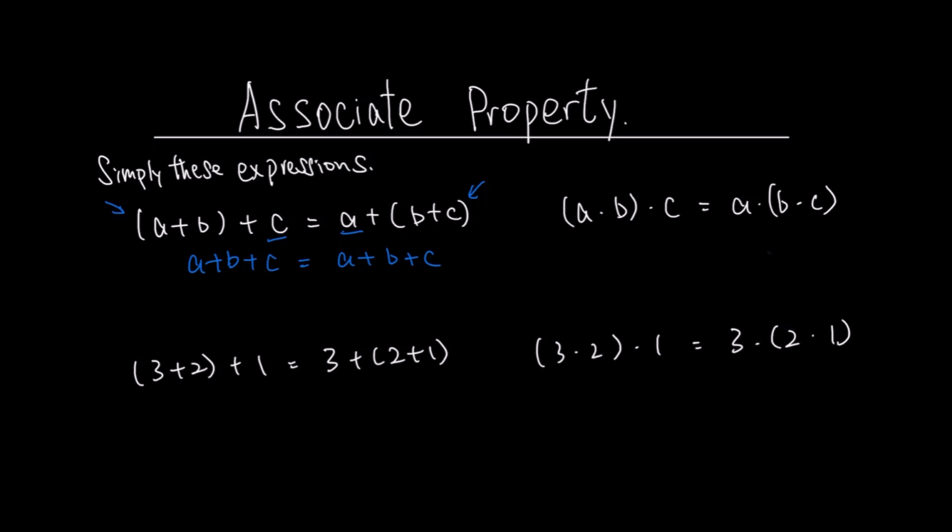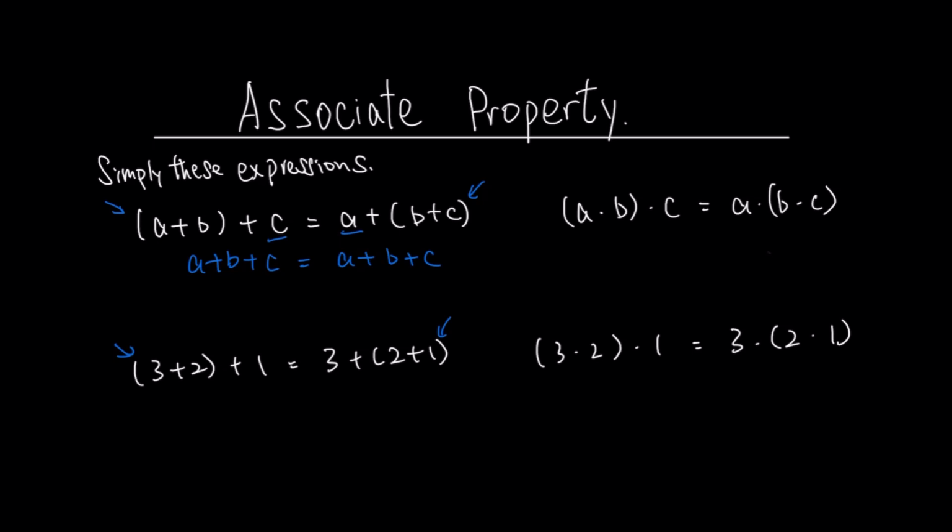We can do this with real numbers and see that it's true. Here, we have 3 plus 2 plus 1 on both sides. We have grouped together the 3 and the 2 and added the 3 and the 2 together first. And on the right-hand side, we have added the 2 and the 1 together first. It doesn't matter how we do it.